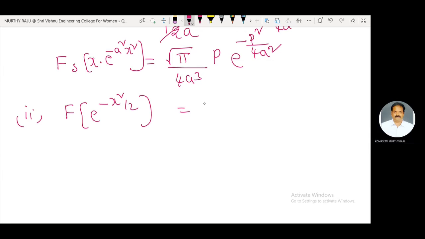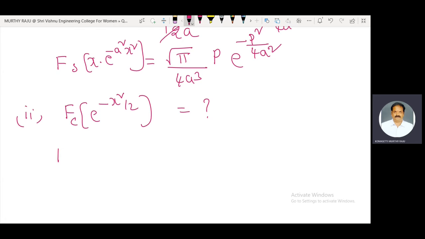Prove that e power minus x square by 2 is self reciprocal under Fourier cosine transformation.